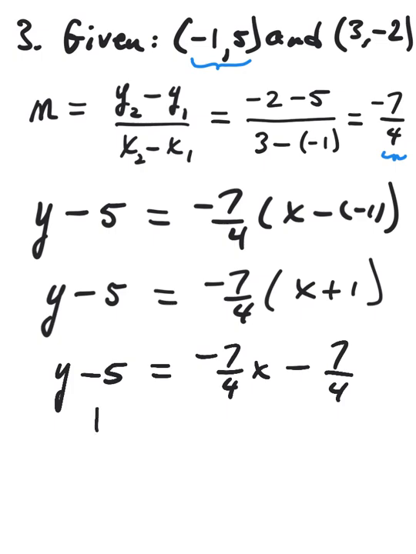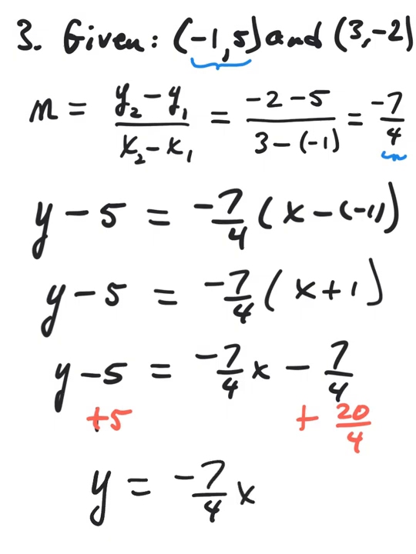Adding 5 to both sides. Now let me show you a little trick here. Adding 5, common denominator. That's going to give us y equals negative 7/4 x. Common denominator allows us to add the numerators. Negative 7 plus 20 is 13 fourths.